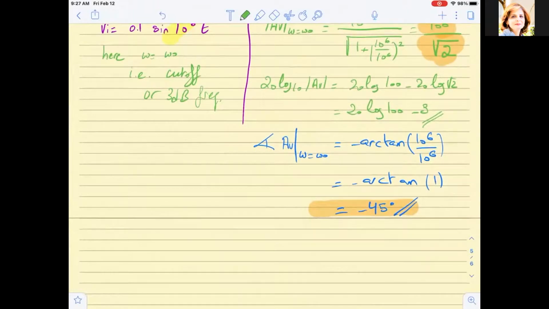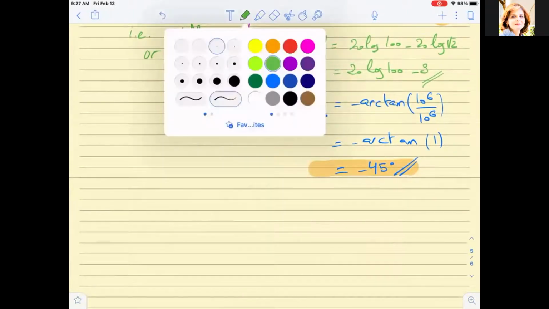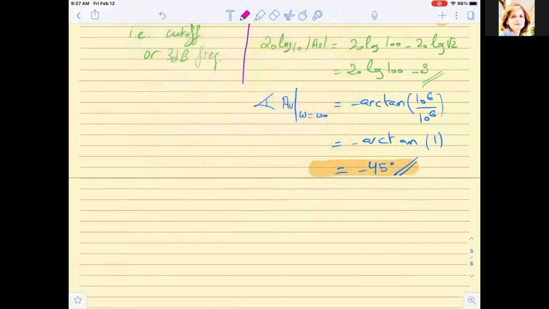degrees. And then when I am operating at a large frequency, so now when my Vn is equal to 0.1 sine of 10 to the 8t, and 10 to the 8 is a frequency which is much larger than omega 0, because 10 to the 8 is bigger than 10 to the 6.